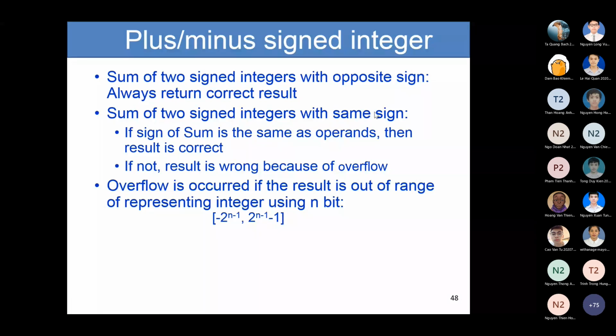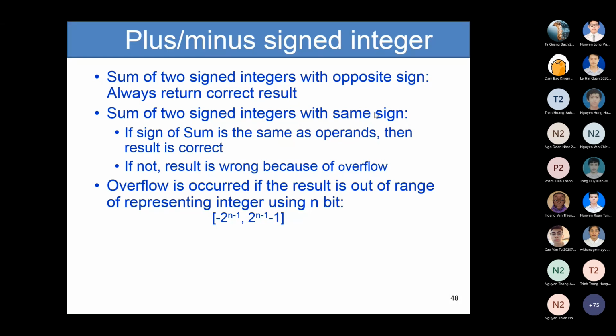Sum of two integers with the same sign: if the sign of the sum is the same as the sign of the two operands, the result is correct. If the sign of the sum is different, for example, we add two integers with the same sign, so if the operand is positive and the sum is also positive, the result is correct. But if the sum is negative, of course the result is incorrect, right?